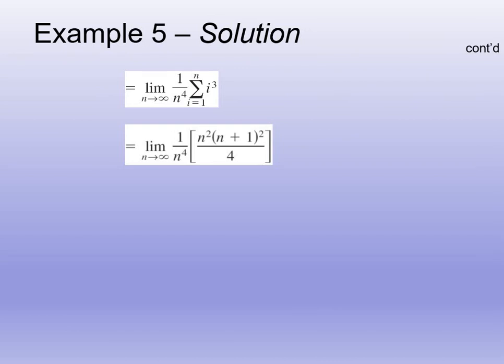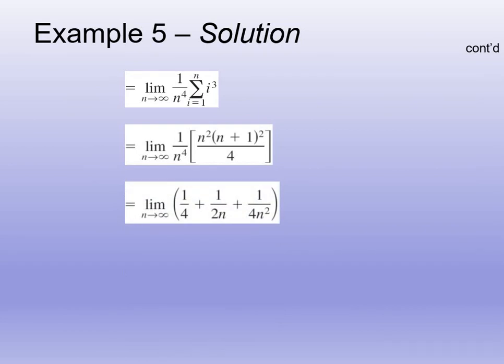All right, so let's multiply the top out here. You're going to FOIL the n plus 1. When you do that, you're going to get n squared plus 2n plus 1, and then you're going to distribute the n squared through. Once everything is all said and done, this simplifies down algebraically into the limit as n approaches infinity of 1/4 plus 1 over 2n plus 1 over 4n squared.